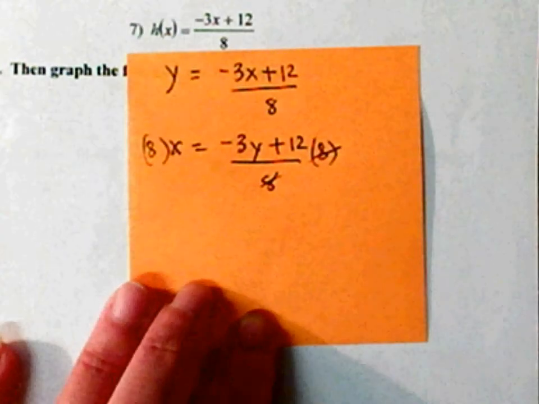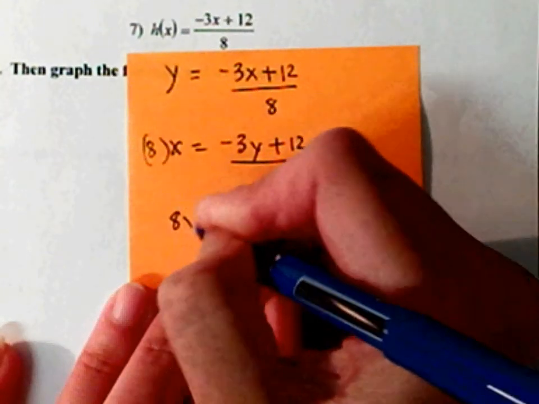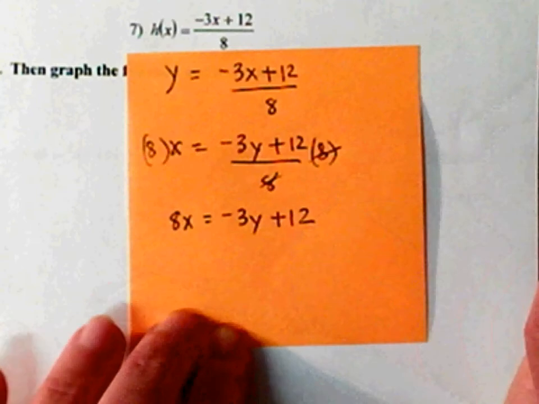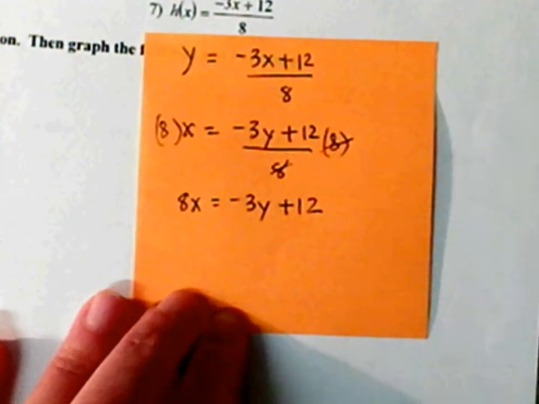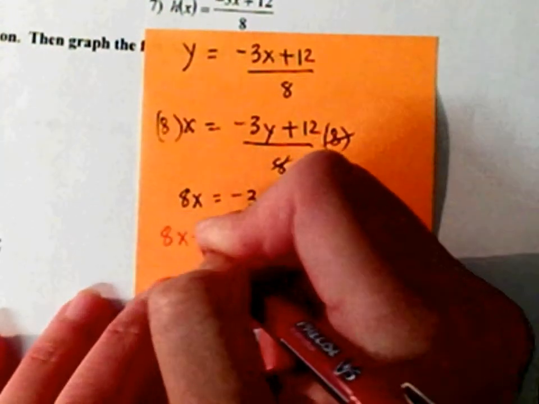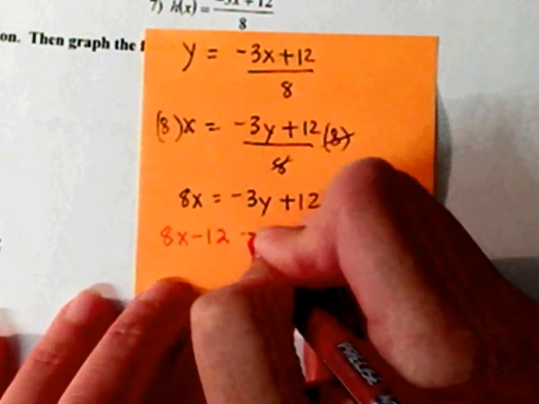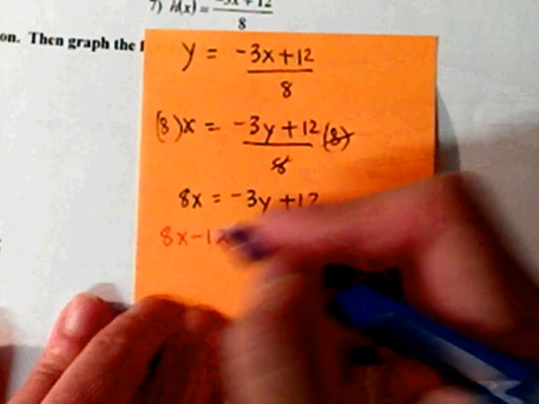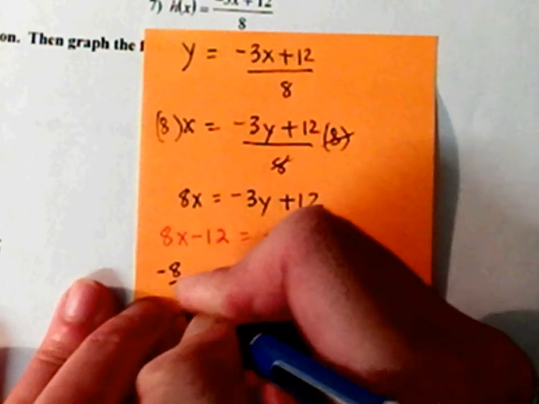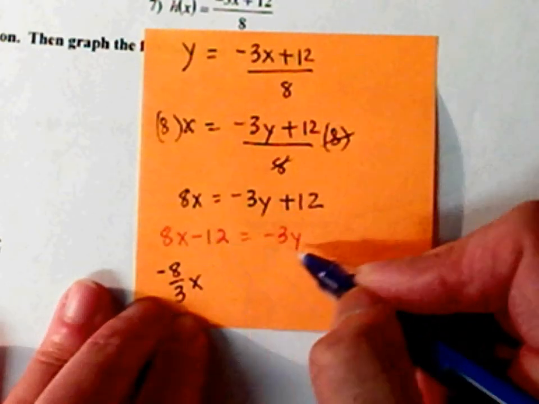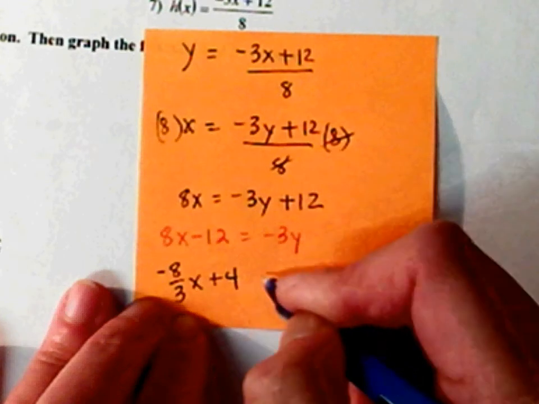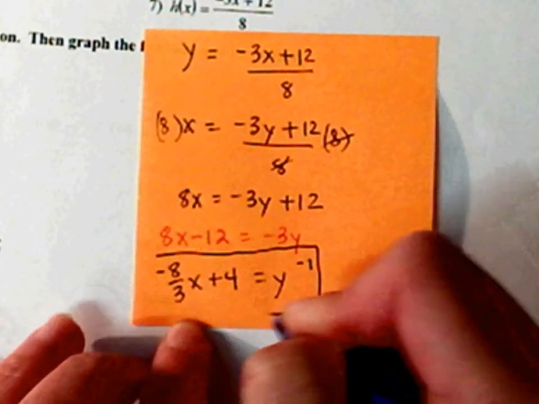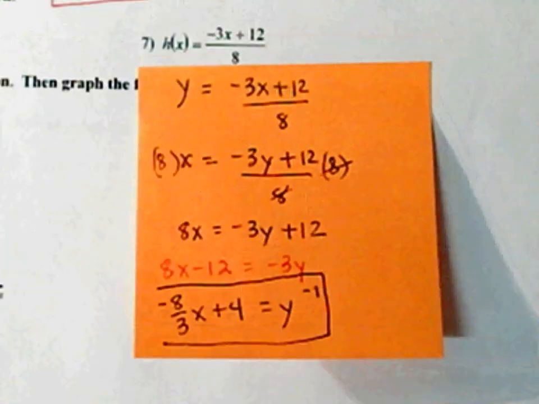So now you have 8x is equal to negative 3y plus 12. Subtract 12 from both sides, so 8x minus 12 is equal to negative 3y. Divide by negative 3, so you have negative 8 over 3x, negative 12 divided by negative 3 is plus 4, is equal to y. Add your negative 1. And there you have your inverse for number 7.